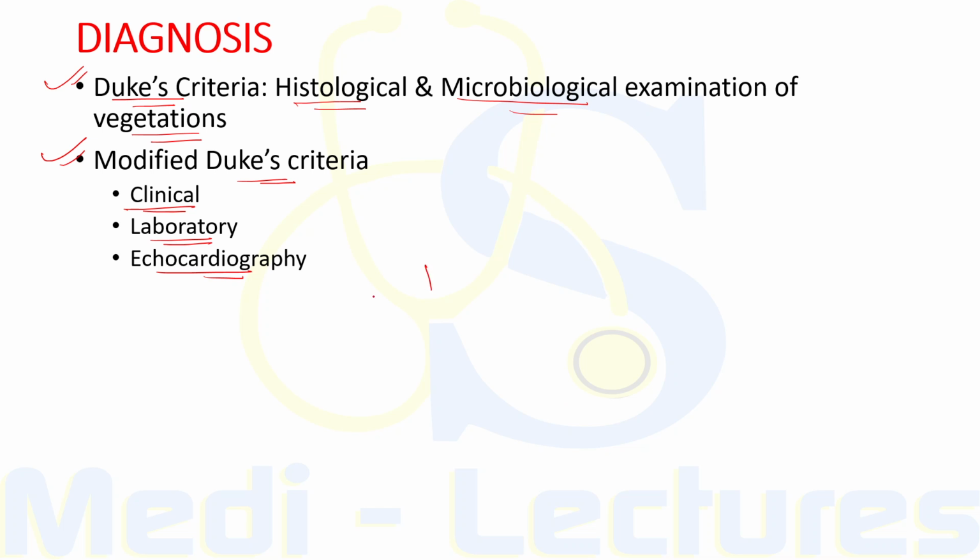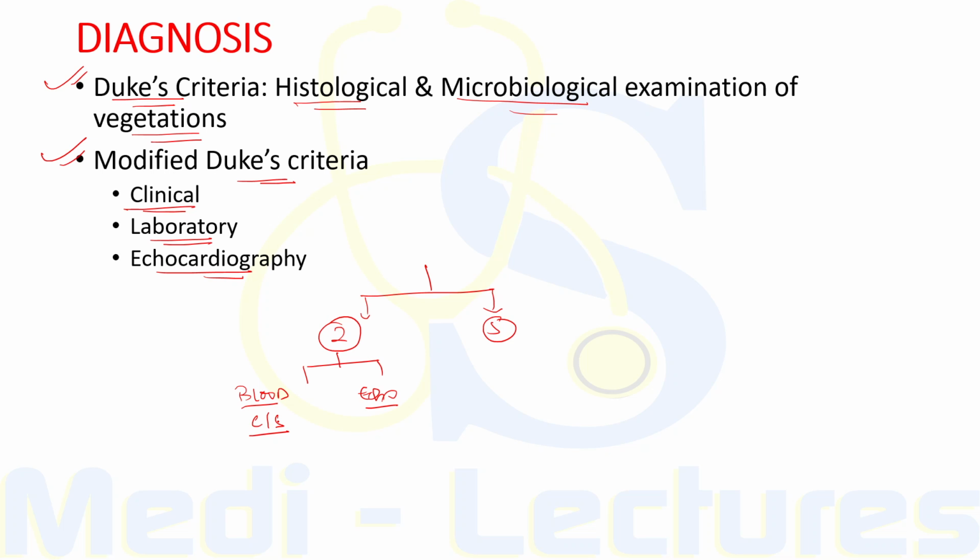Now we'll discuss later in the slides that there are 2 major criteria and 5 minor criteria for diagnosis of infective endocarditis. The 2 major criteria are based on blood culture and echocardiography.